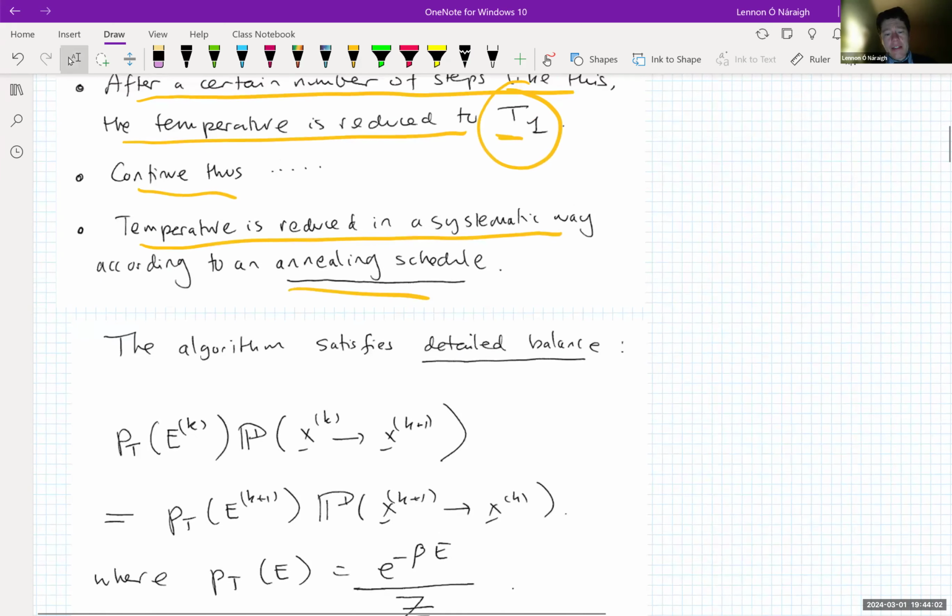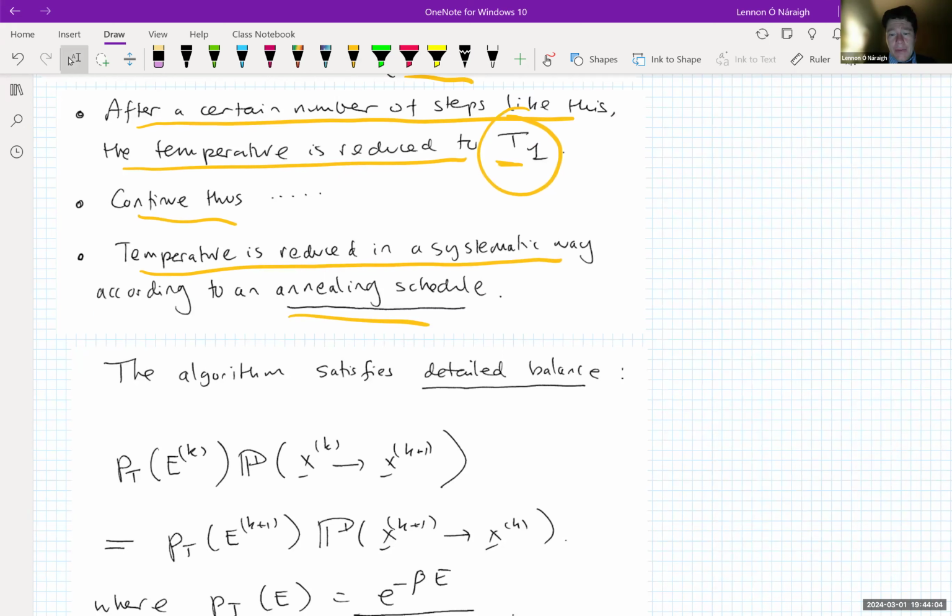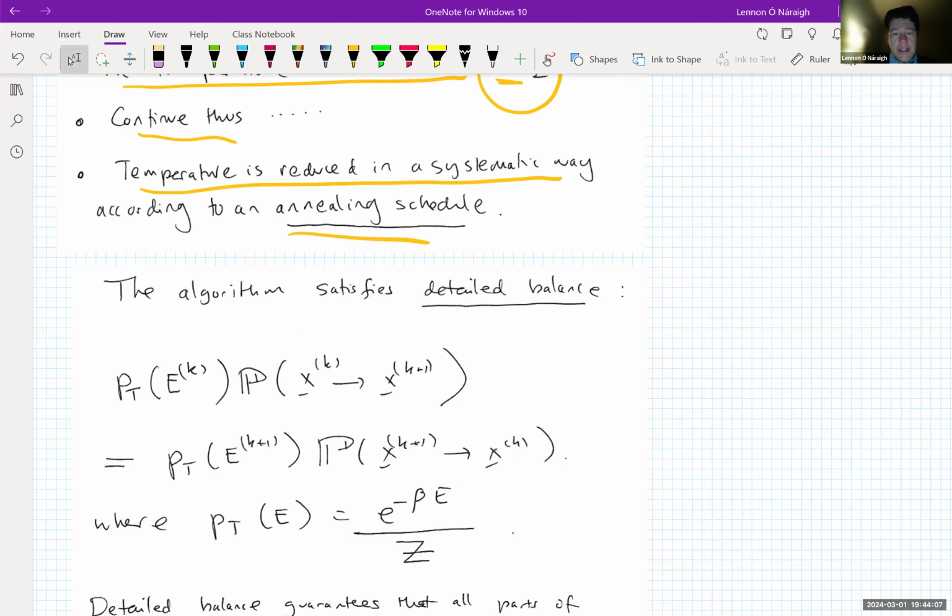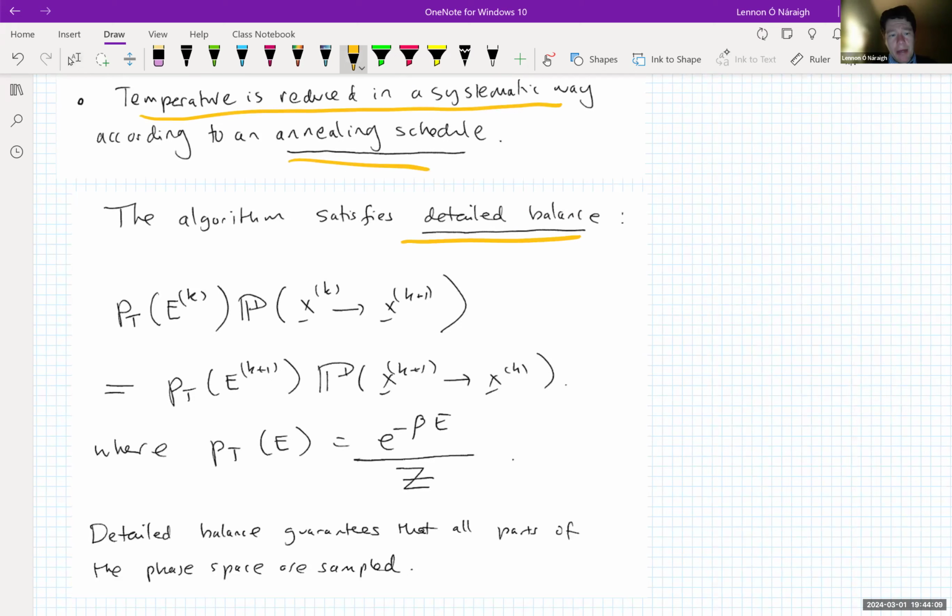Now, crucially, this algorithm for stepping from one state to another satisfies a key property called detailed balance. Here, PT is the Boltzmann distribution.